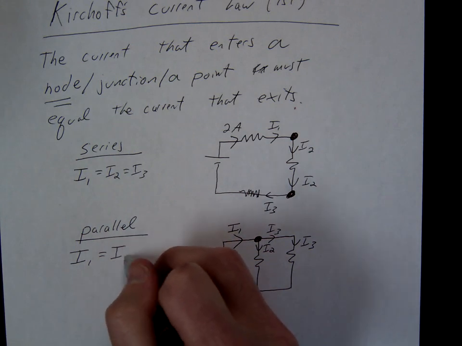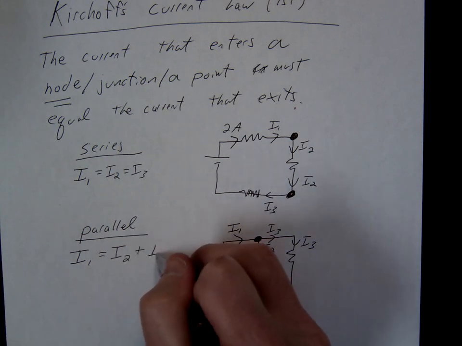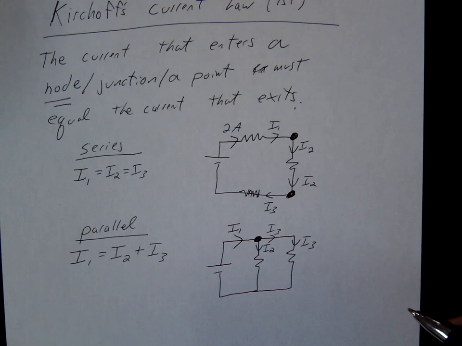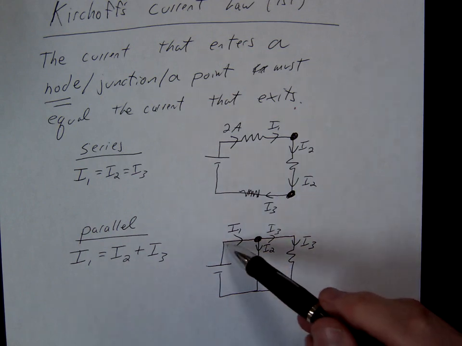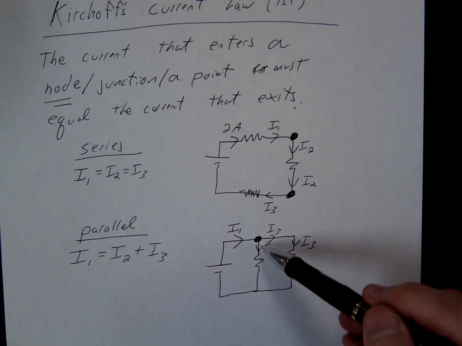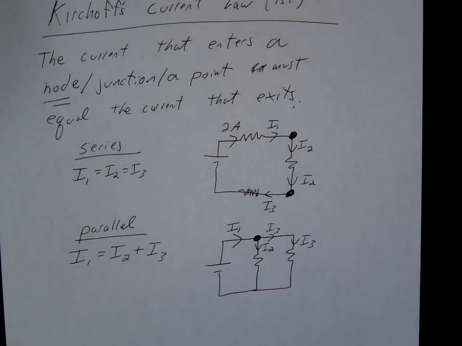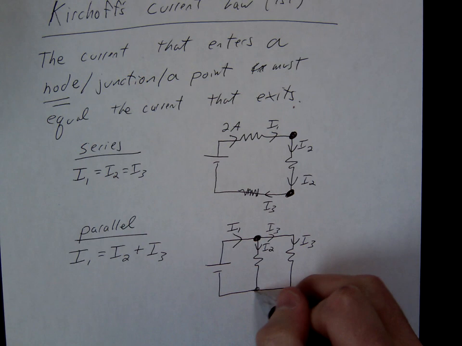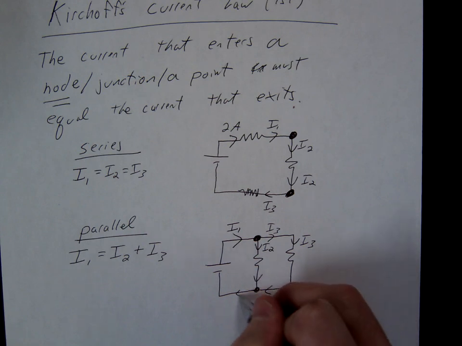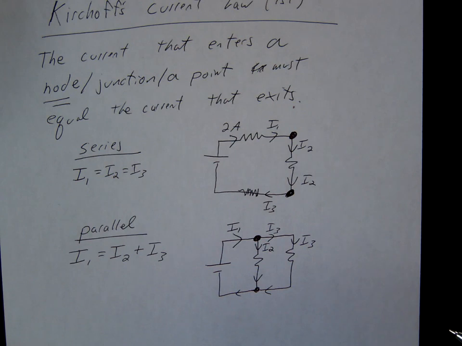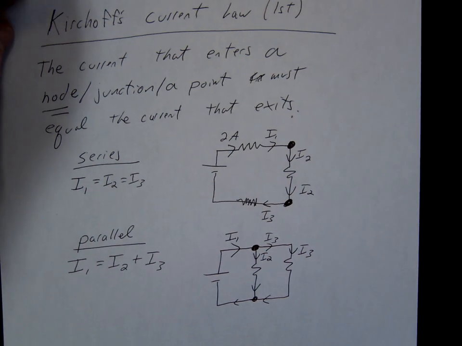I1 equals I2 plus I3. We talked about that yesterday, right? So the current coming in should equal the 2 currents that are leaving at this point. Or if you chose the point here, it would just be the reverse: I2 coming in plus I3 should equal your I1 coming out. Alright, so that's Kirchhoff's current law.